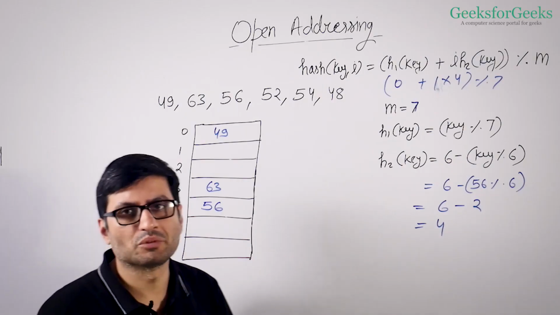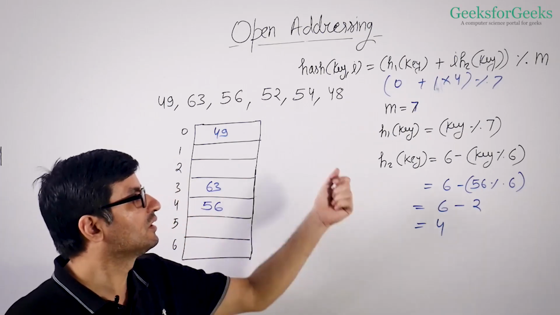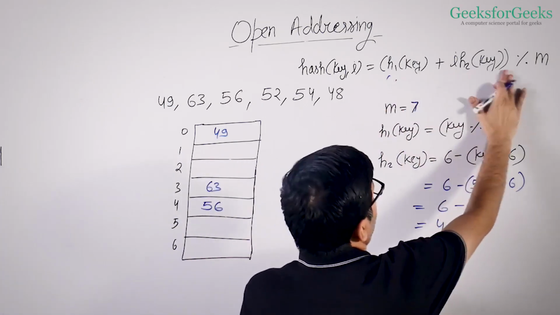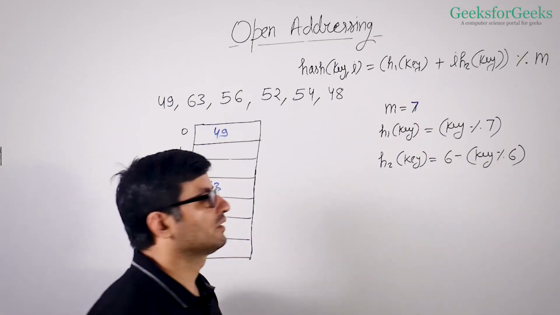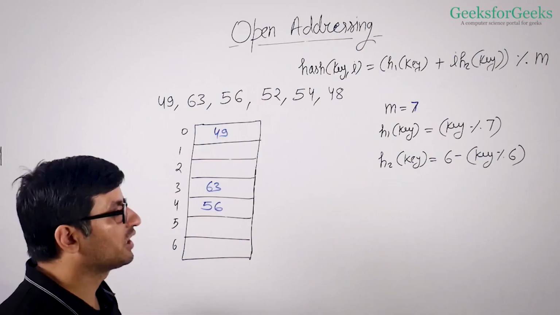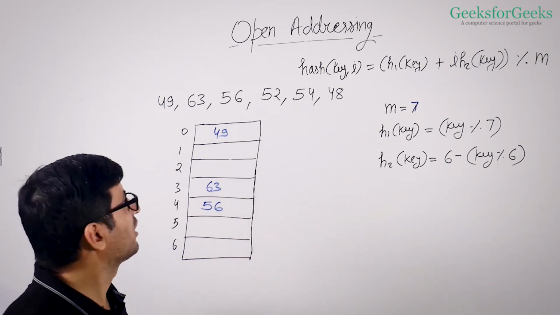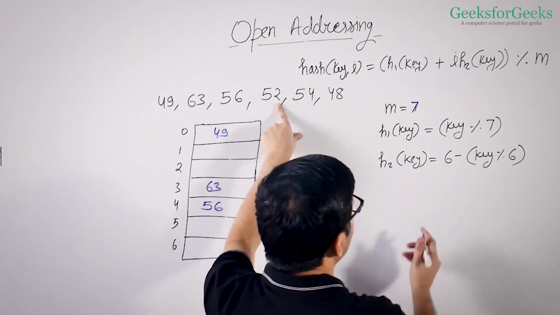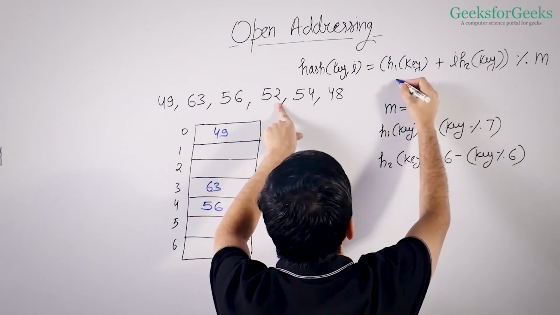Now 52. What will you get when you do 52 & 7? 52 mod 7 is 3. So you will go to location 3 and try to insert, but location 3 is already occupied. So you will handle the collision for 52. You will compute H2. You know H1 key is 3.